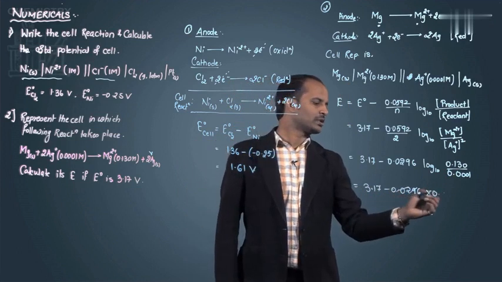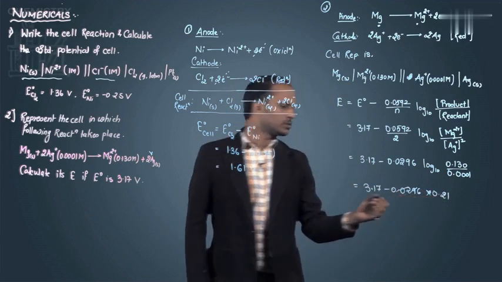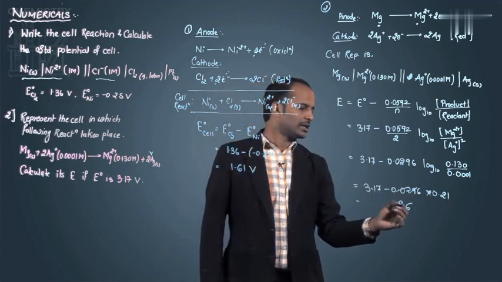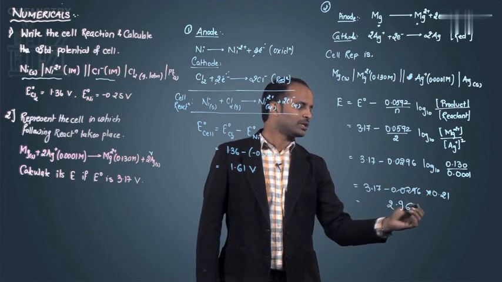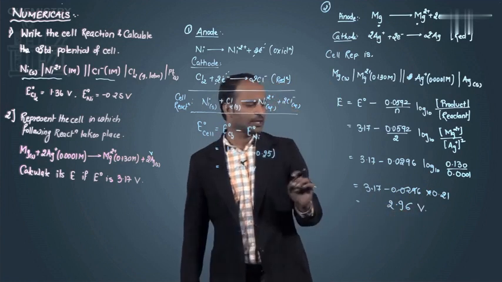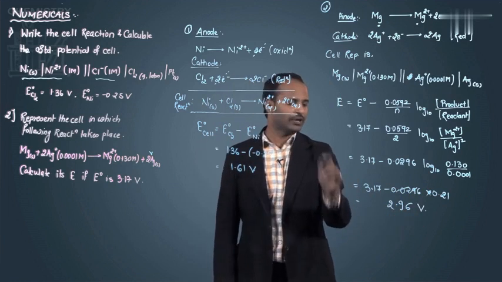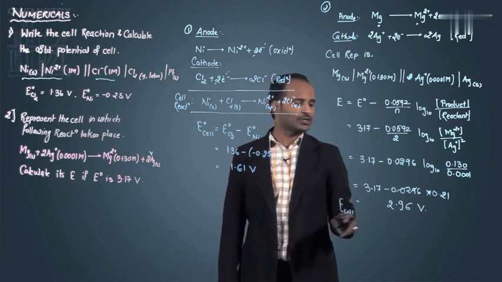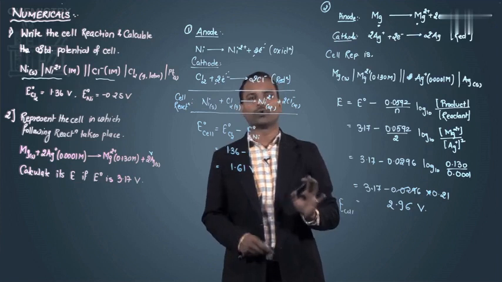After all the calculation you will get 0.21. So finally we get 2.96 volt as the final answer. That is the E value for the cell, that is the cell potential, if the standard cell potential is 3.17 volt.